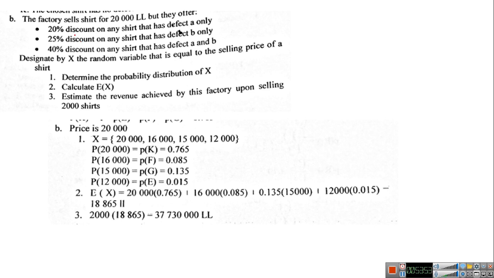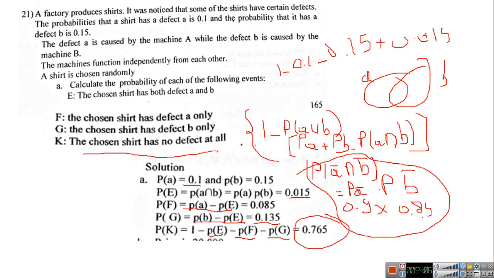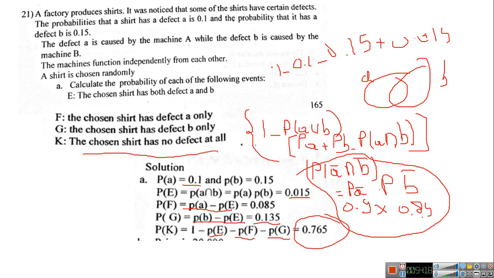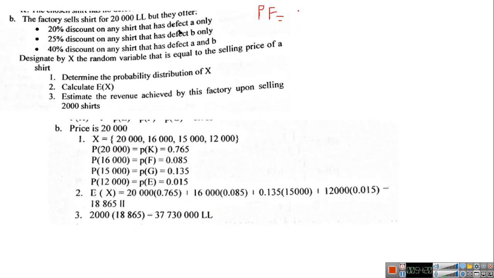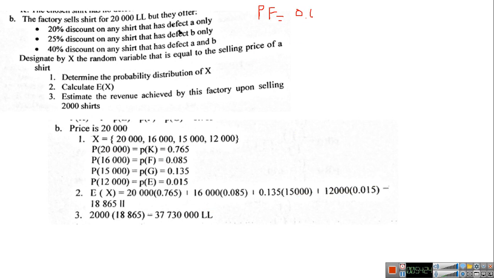The factory sells a shirt for 20,000, but they offer 20% off on any shirt that has defect A only. So if you have A only, it was F, which was 0.085.